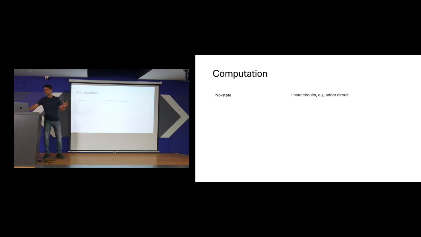We often refer to this as combinational logic. Full adder, half adder, all of that stuff. So this is zero state logic, which is what we often refer to as calculation. Not all calculations fit this bucket, just to be clear, but zero state for now, okay?